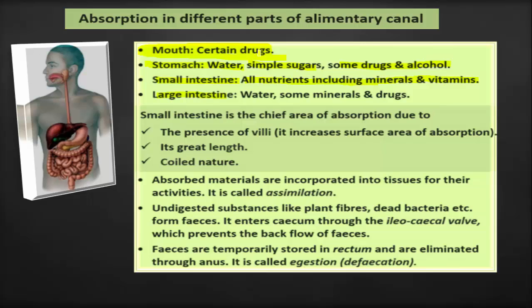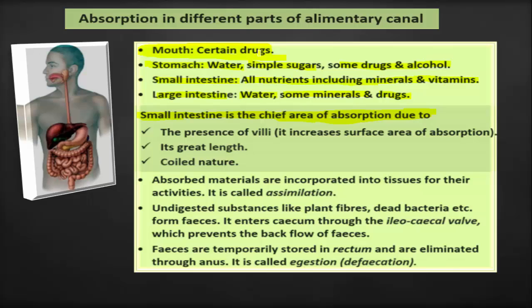In the large intestine, water is mainly absorbed. Some minerals and drugs are also absorbed in the large intestine. So mouth, stomach, small intestine, large intestine, these are the parts where all these materials are absorbed. The small intestine is the chief area of absorption. That means the main area of absorption.